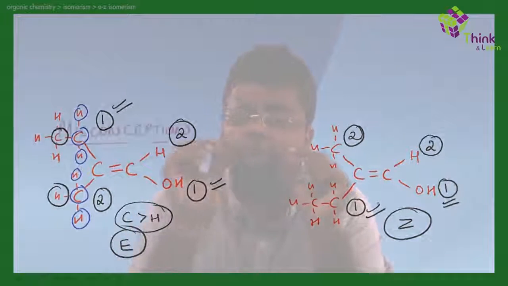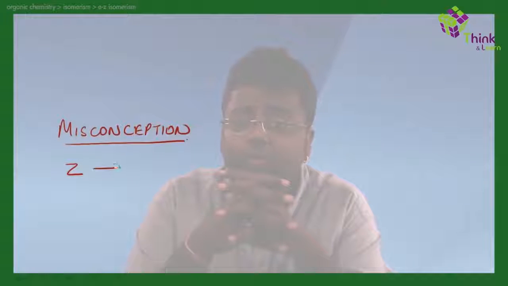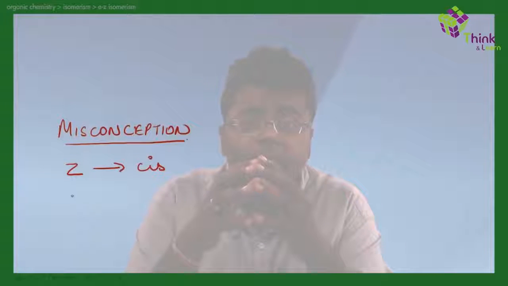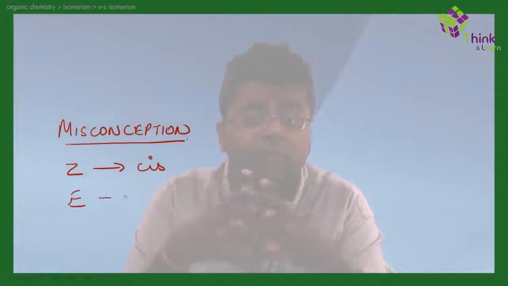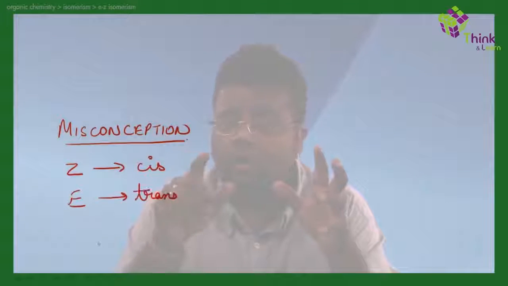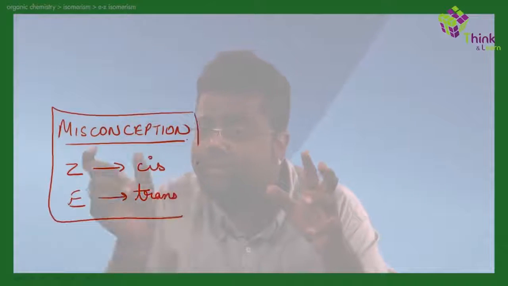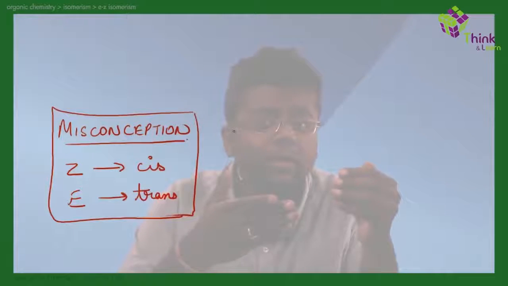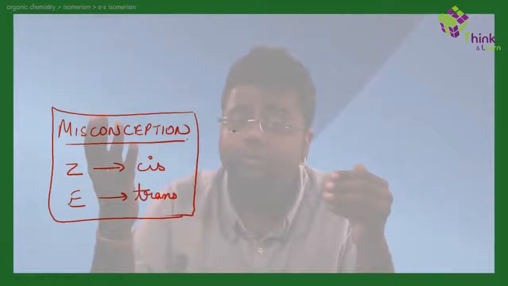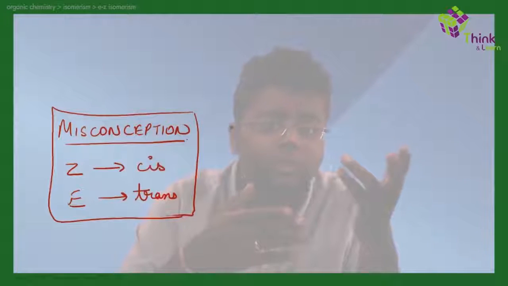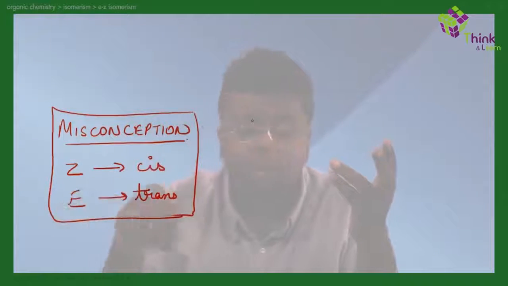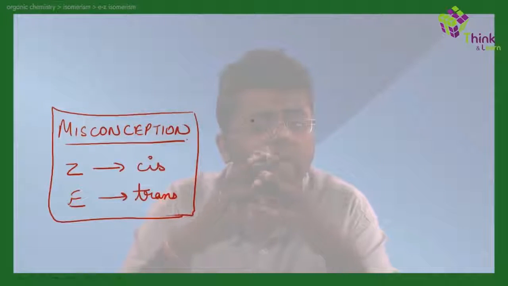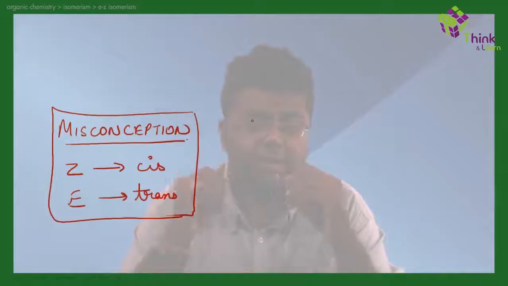Now there is a very big misconception that people have. What is that? They will always say that cis is equivalent to Z, because cis also is on the same side and Z is also on the same side. And E can be correlated to trans. But is that correct? Let's take an example.